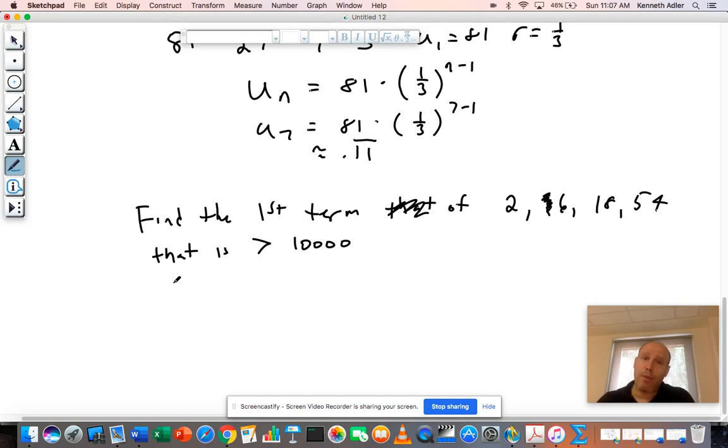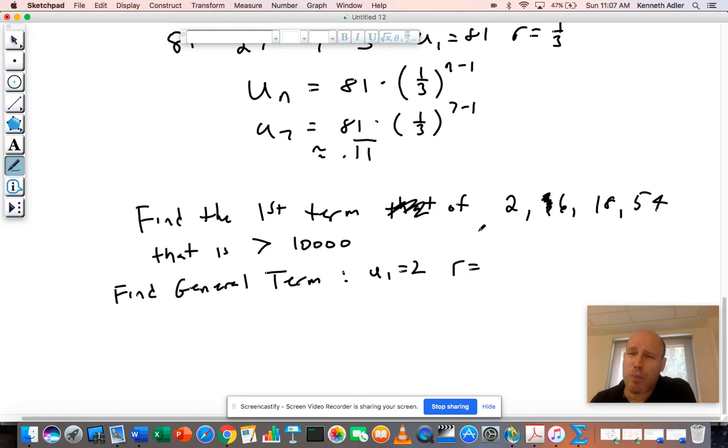Well, the first thing I want to do is find the general term. So I know that u of 1 is 2, and I know the common ratio. Just by inspection, I can see I'm multiplying by 3 each time. So I have u of n is equal to 2 times 3 raised to the n minus 1.